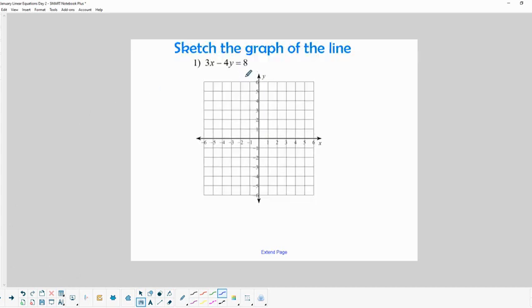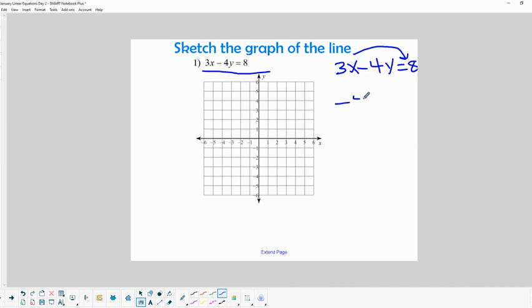Pretty nice. All right, now if we give you one that has not been solved for y yet, one of the ways to graph it is just to solve it for y. So well, let's do that. So 3x minus 4y equals 8. We need to move the x term to the other side and put it behind the equal sign.